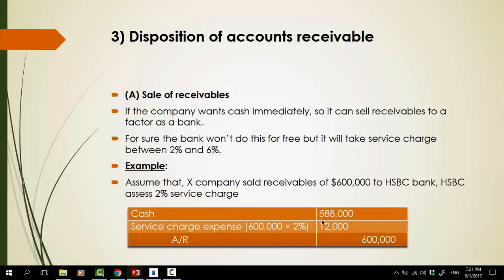I will collect the remaining amount, 588,000. The 12,000 is a service charge. Why does the bank take a service charge? Because I will collect my money immediately and the bank will collect the amount later on. So the bank will take a service charge in exchange for this service.